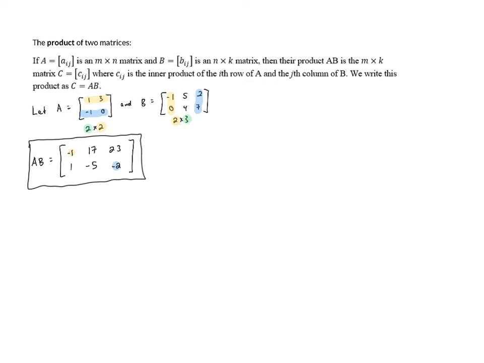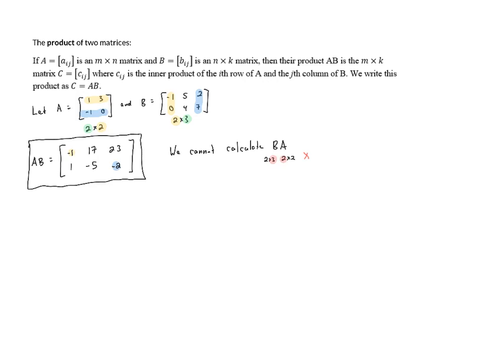I just want to point out that if we wanted to try to take the product B times A, we cannot actually do that. We cannot calculate B times A because B is a 2 by 3 matrix and A is a 2 by 2 matrix, and the second dimension of B does not match up with the first dimension of A. So that is not going to work.